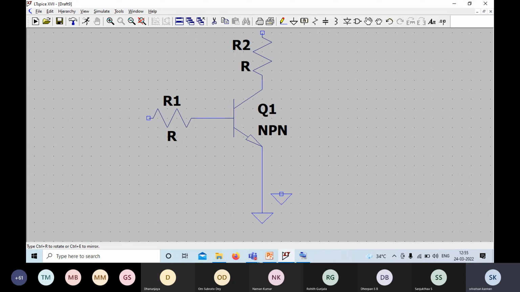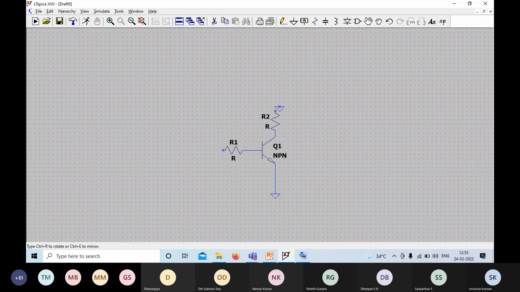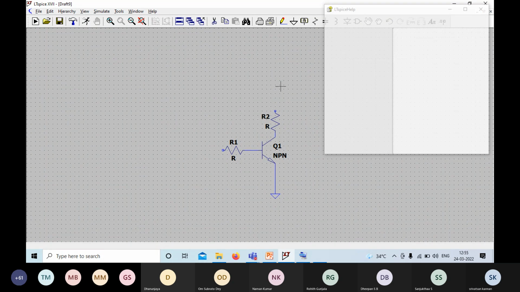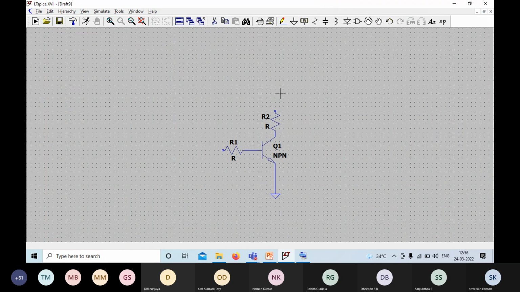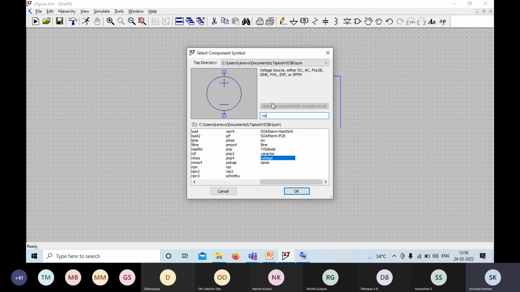What is the power supply voltage? 5 volt, right? Connect the power supply. Power supply voltage is 5 volt.